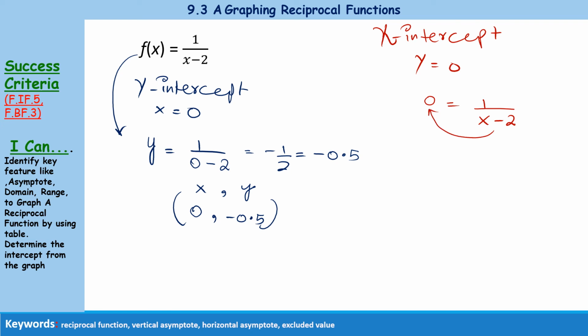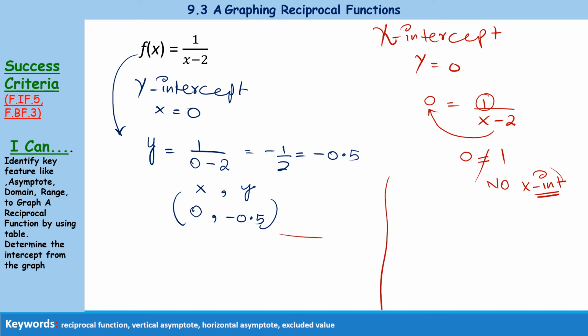What will you get? 0, because anything multiplied by 0 is 0, is not equal to 1. What does it mean? It means you don't have any x-intercept. It means no x-intercept.